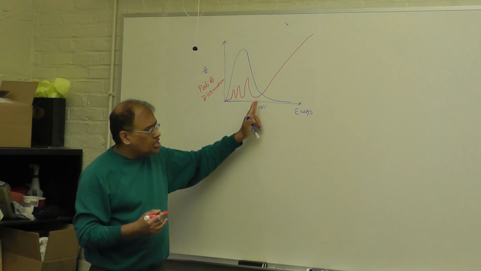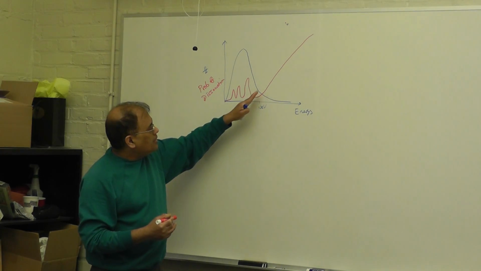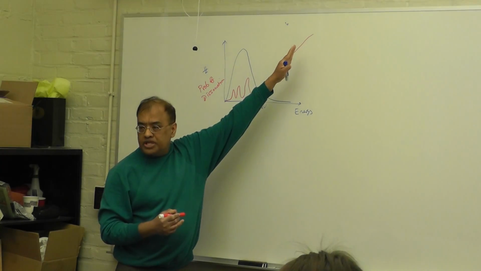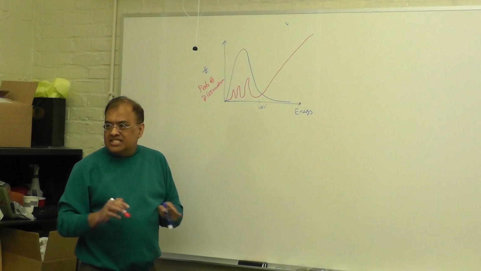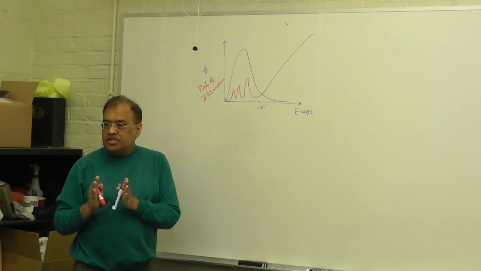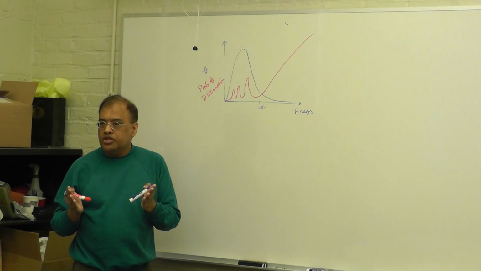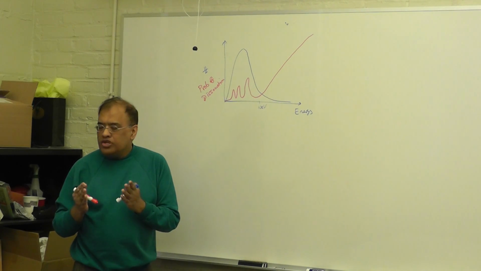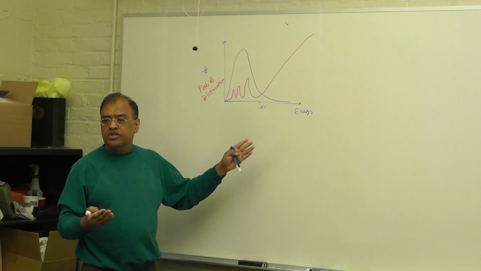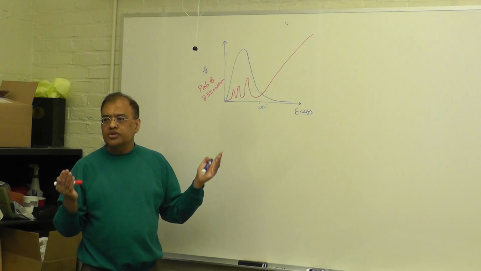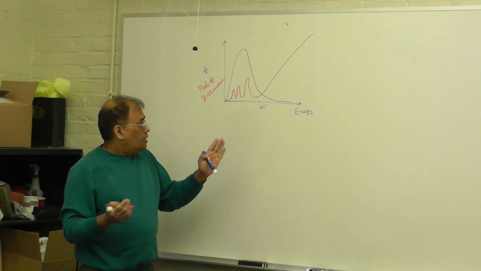At an energy around 10 eV, the dissociation probability begins to take off. 10 eV is approximately the ionization potential for almost every molecule that you can think of. You're going to be off by 1 or 2 eV if you say that the ionization energy of a molecule is 10 eV, any molecule. Okay?